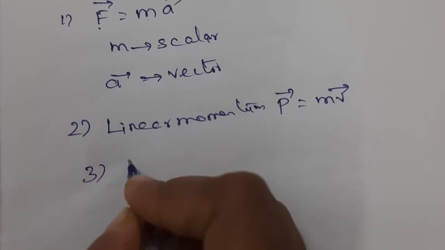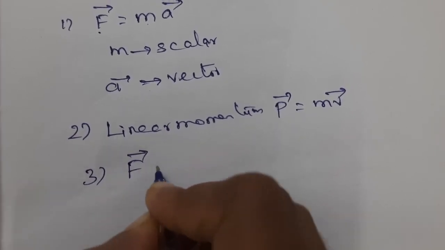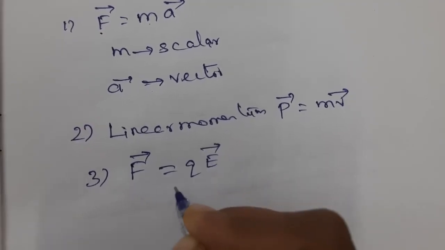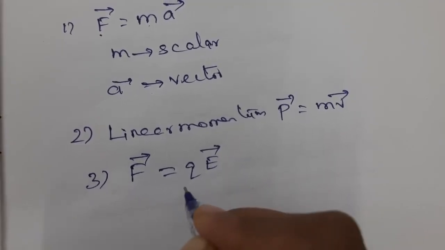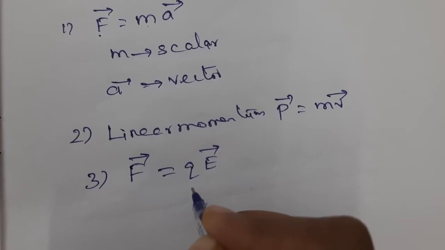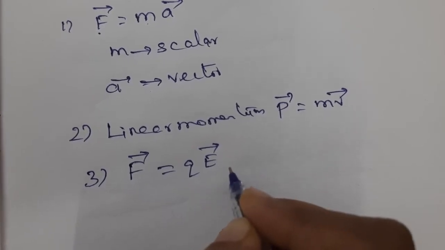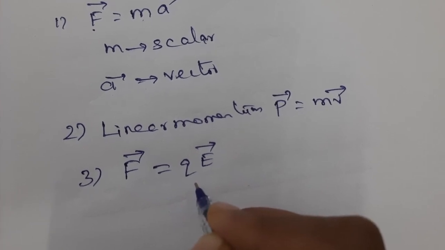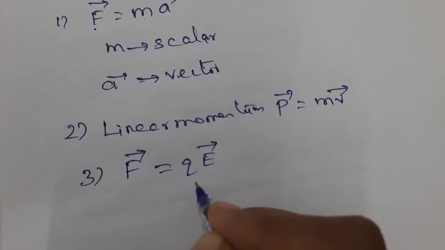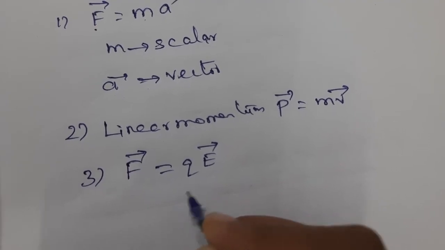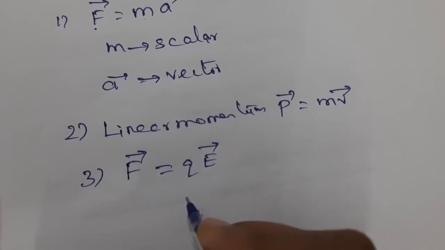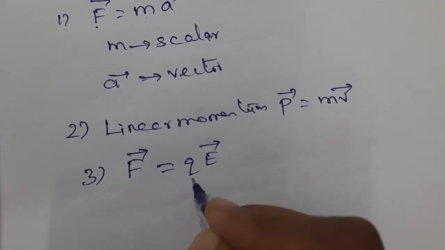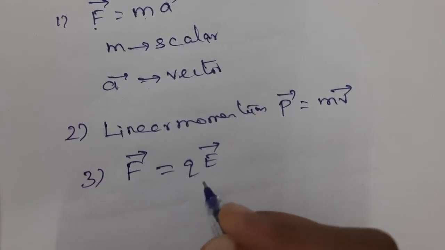Next, one more example. The electric force can be written as charge into electric field, Q into E. Here Q is charge, which is a scalar, and E is the electric field. Charge can be either positive or negative.